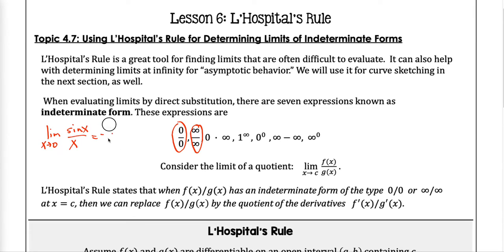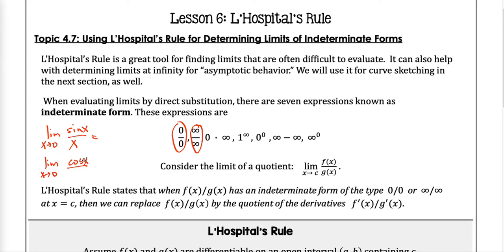What L'Hôpital's rule is going to do is you are going to be allowed to take the derivative of the top and the derivative of the bottom, and that's an equivalent limit. So if I take the derivative of sine of x, I'd get cosine of x.